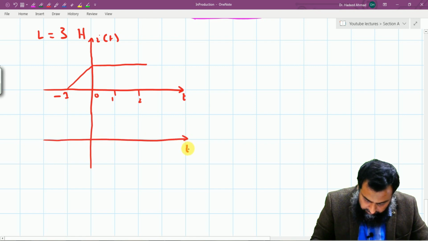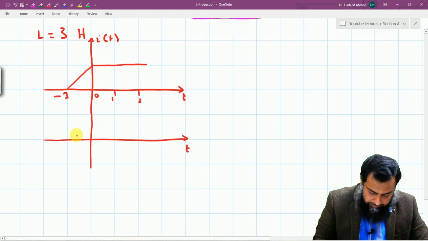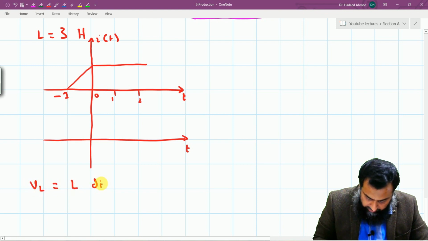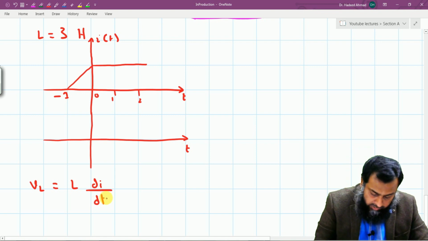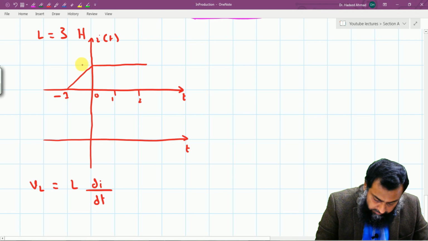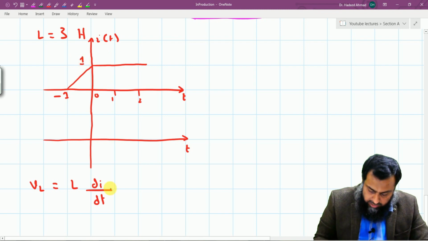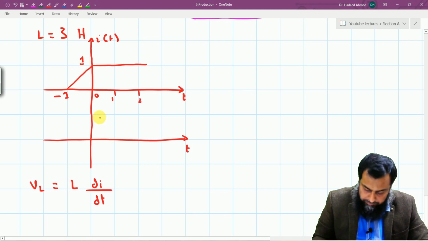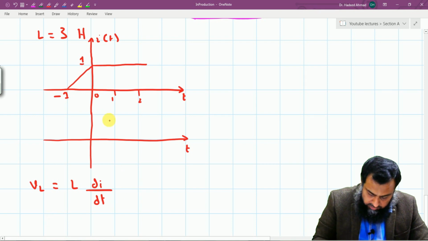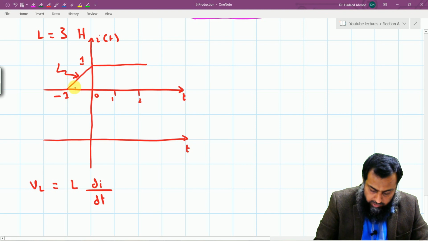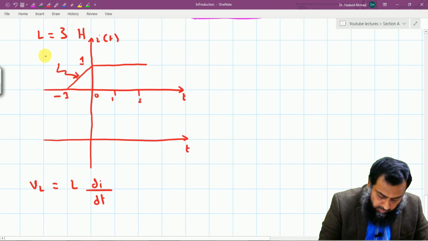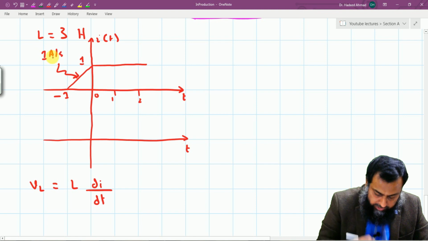So this is t. Now if you notice here, the voltage VL is equal to L di over dt. Now this di over dt, for this particular circuit, which is the slope of this rising current, is equal to 1 ampere per second.